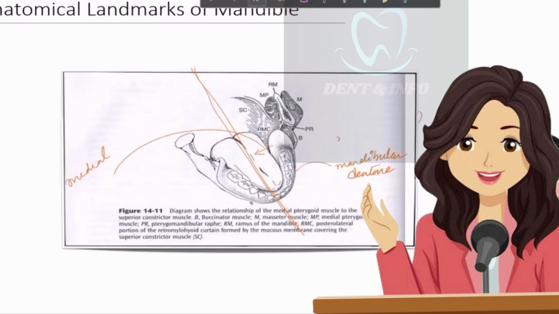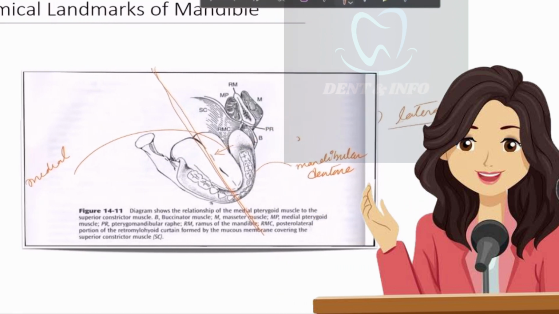Now, if we see here, the first structure, I am just drawing it here, is this B. B is basically your buccinator muscle. So just lateral to your denture will be your buccinator muscle. It is a thinner muscle in terms of fiber, which is influenced by this thicker muscle, your masseter, which is much more lateral to buccinator.